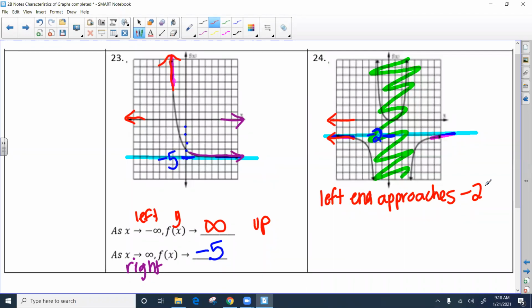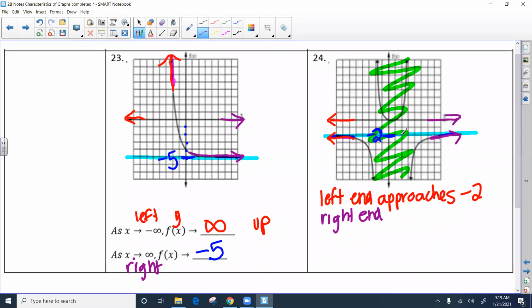And then let's describe the right end, and then we'll go ahead and use the notation on both. So now let's describe the right end. As we're going towards the right on the x-axis, so I want to describe the right end. This time, the right end of the graph is not going infinitely up or infinitely down.